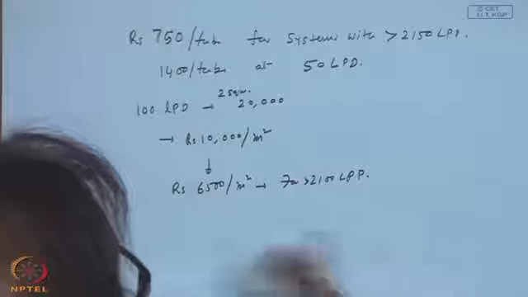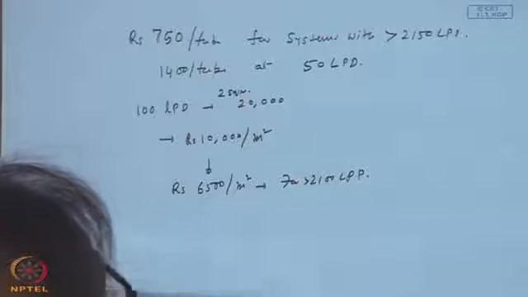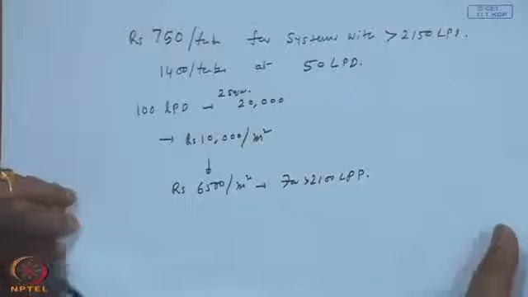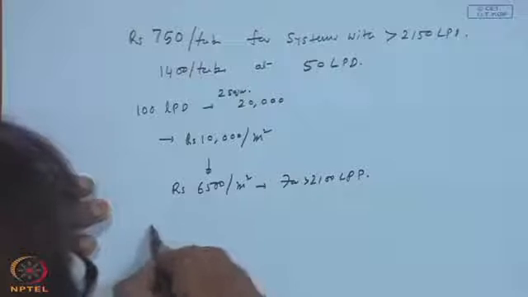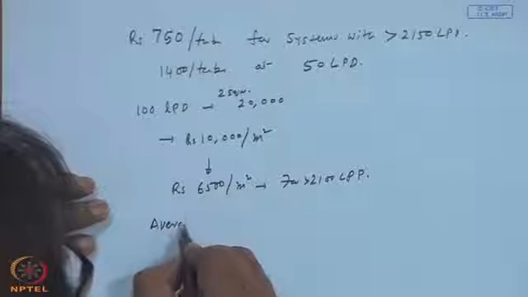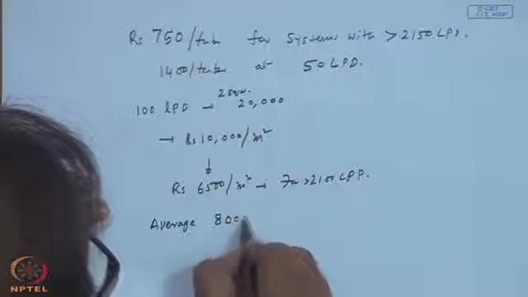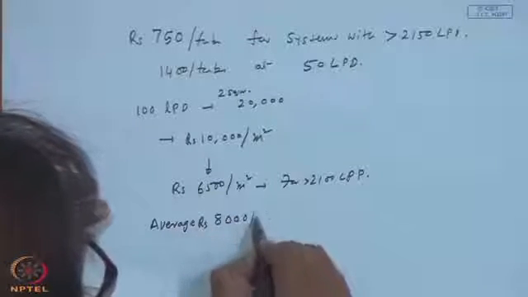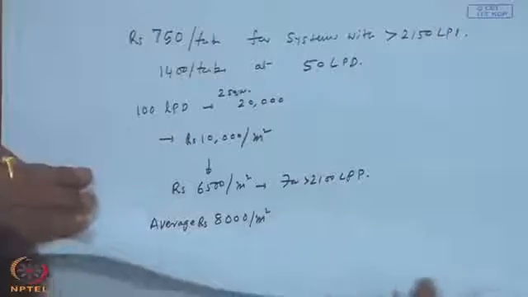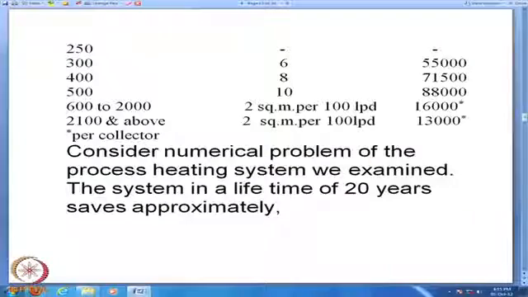So, as a ballpark average value, you may consider 8,000 per square meter. This is supposed to include installation, storage tank and pump. So, this is quite valuable information, and you will have some understanding of the figures.